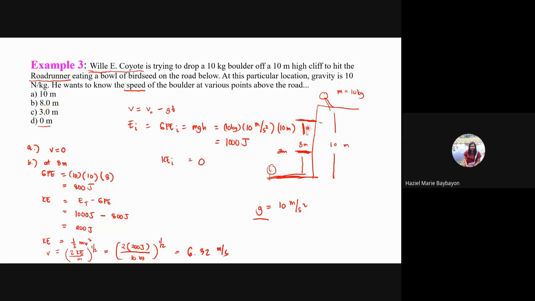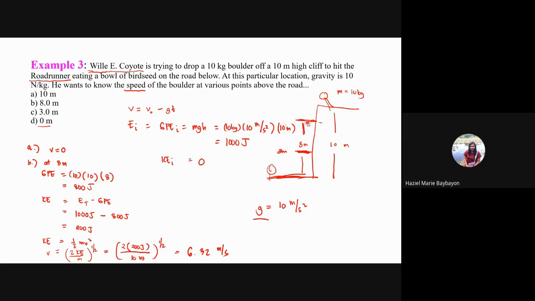Okay, so at 8 meters, the boulder is starting to speed up. At this point, we want to know the speed of the boulder. Since the height of the boulder with respect to the ground decreases, its gravitational potential energy decreases.